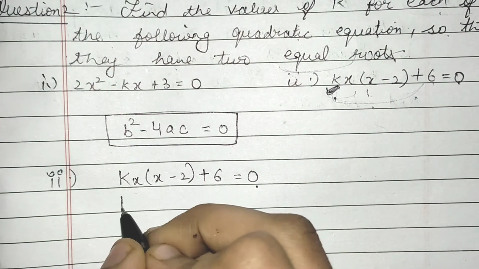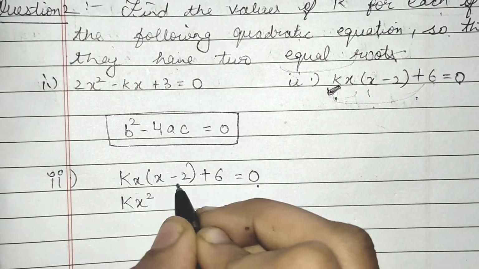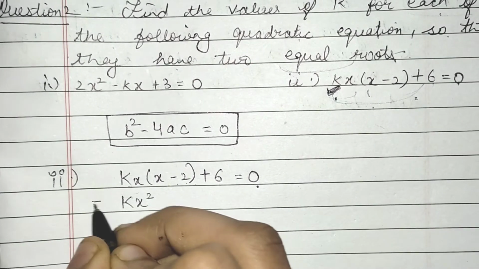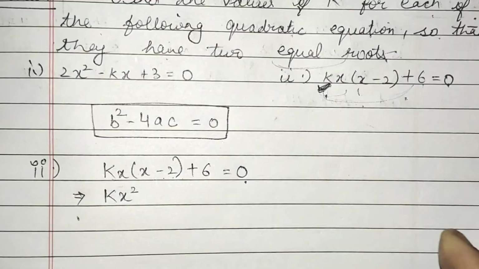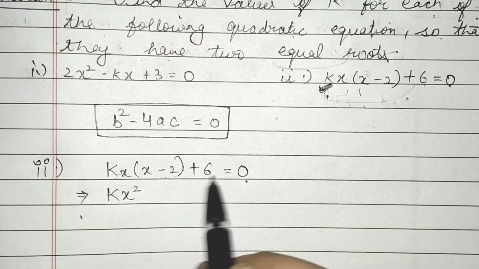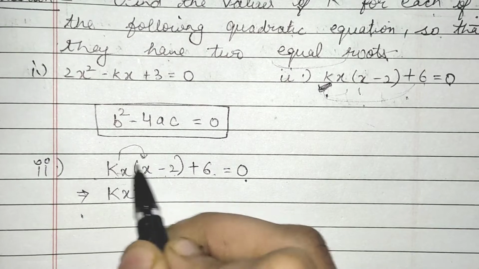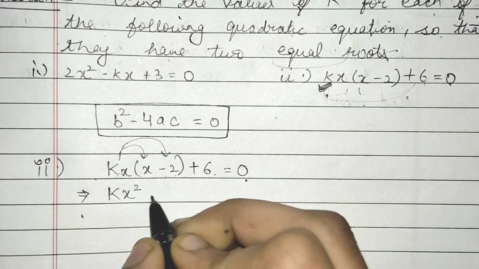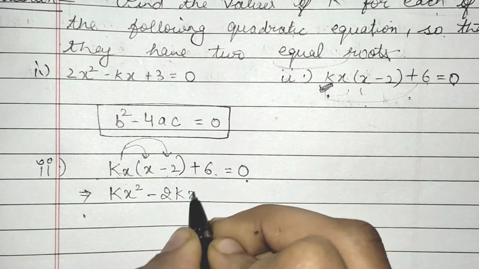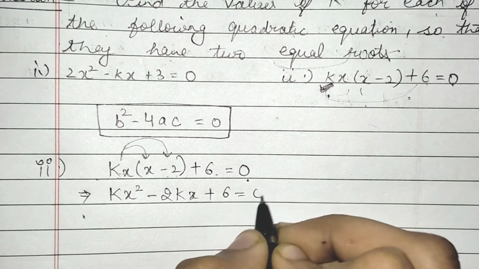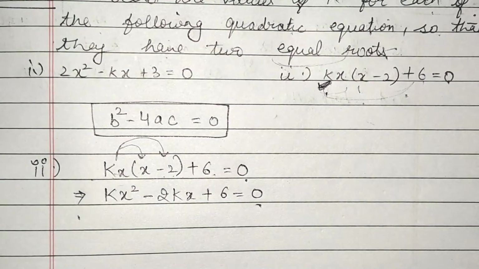So if I solve this right now, you can see that this is not in the quadratic form. So my very first step is that I have to convert my equation into the form of a quadratic equation. So it will give me kx square minus 2kx plus 6 is equal to 0.